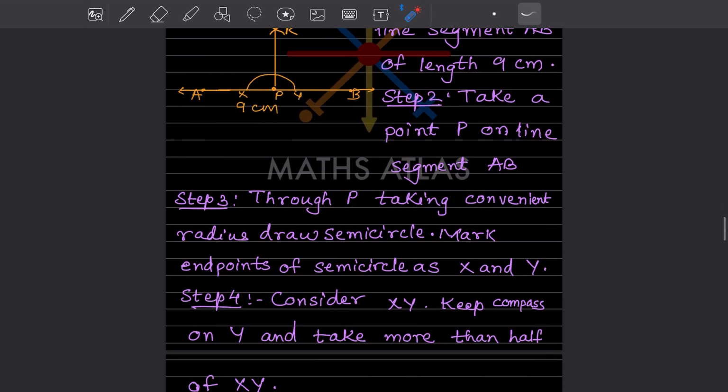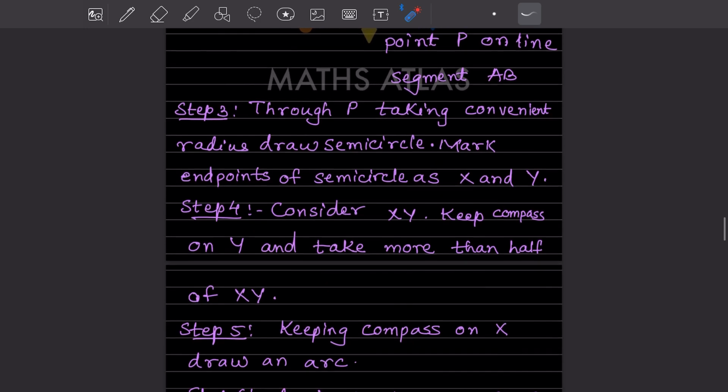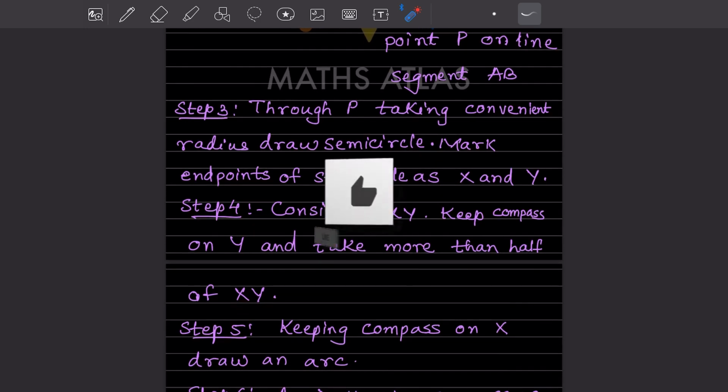So the next step says consider XY, then you will keep the compass on Y and take more than half. This more than half means this is the distance. So half is here, so you will take more than half of XY on the compass, and keeping compass on X, draw an arc.